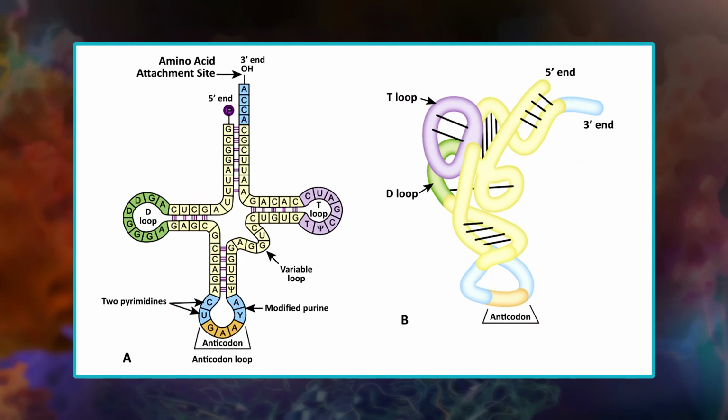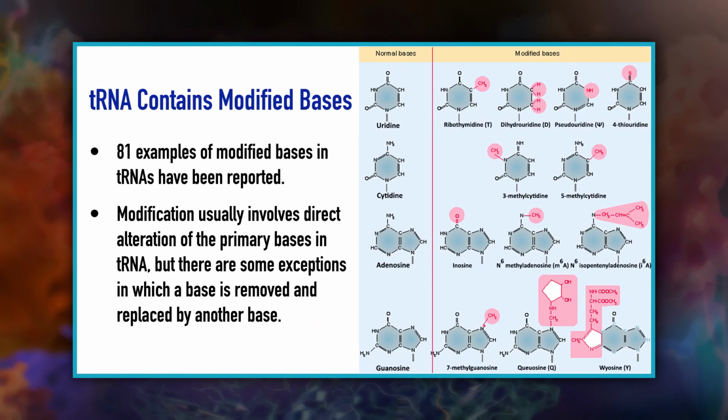The loop contains modified bases and is also called the T-pseudouridine C-arm to specify the presence of thymidine, pseudouridine, and cytidine residues, that is the modified bases. tRNA molecules are unusual in containing a high number of modified bases as well as containing thymidine, usually seen only in DNA. The T-arm is involved in the interaction of tRNA with the ribosome.